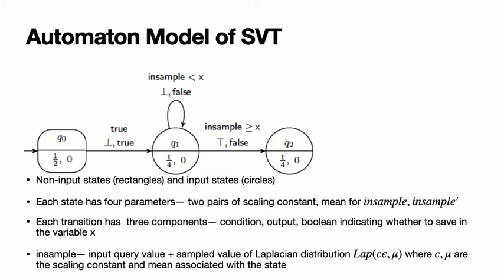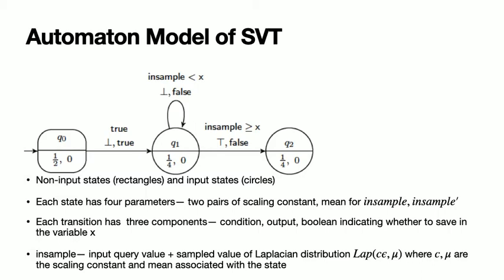When it is in state Q1, it samples from a Laplacian distribution with mean 0 and scaling parameter epsilon by 4, adds to it the input value that it has read, and stores it in the temporary variable in sample. Then it checks which of the outgoing transitions are enabled.